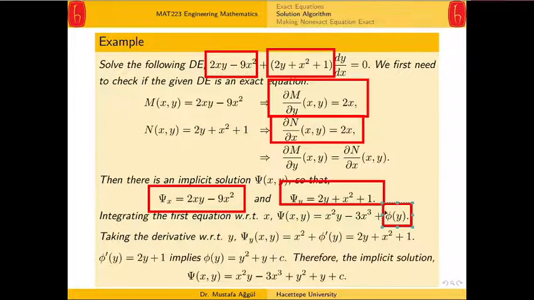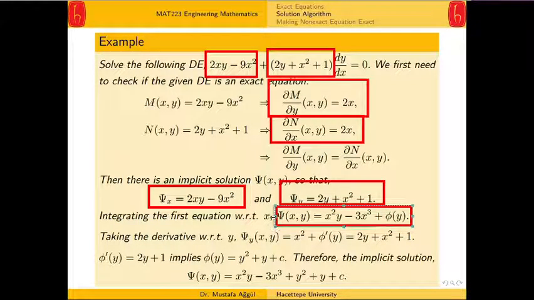So any function depending only on y will disappear, because when we take the partial derivative with respect to some parameter like x, all the other independent parameters are treated like a constant. So this term will eventually cancel out. To recover that, we need to put some function of y here. So this is the solution.